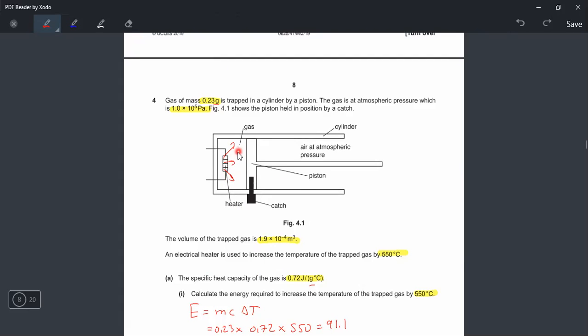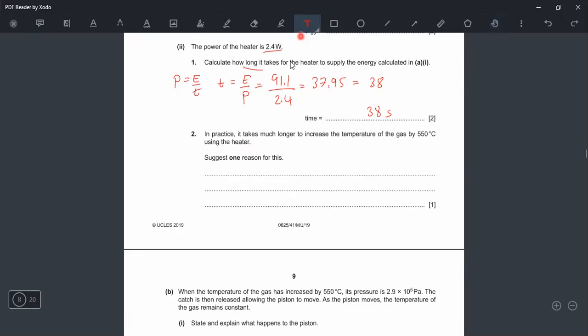Don't you also lose some of the heat to the piston or to the surroundings? Which means you don't really only heat the gas, you also waste some of the energy heating the surroundings and heating the piston and heating the cylinder and everything else. So some heat energy is lost to the surroundings.